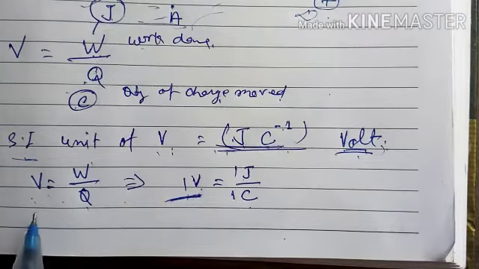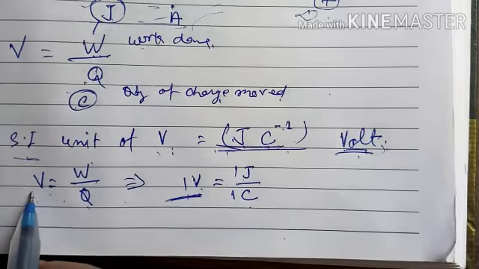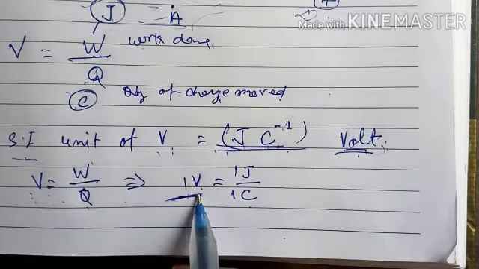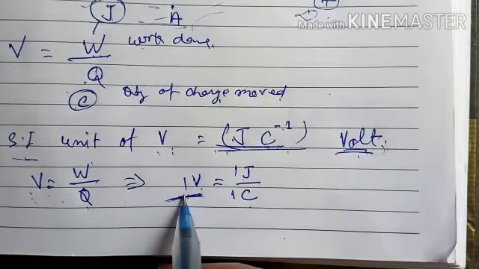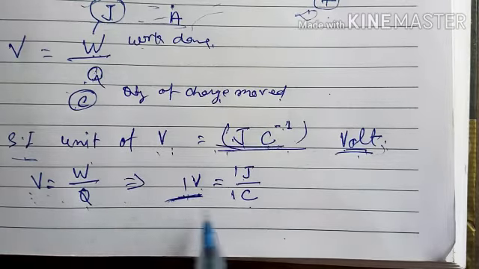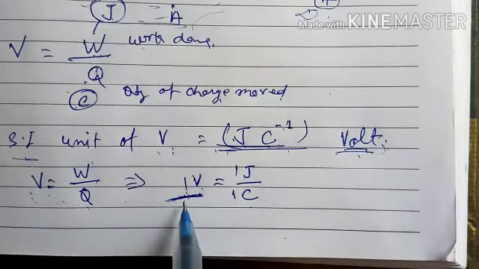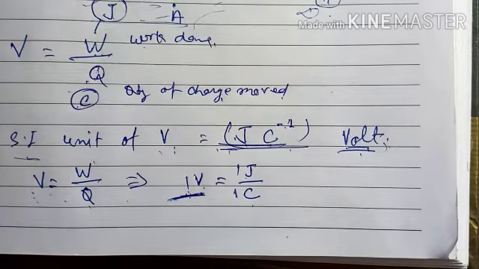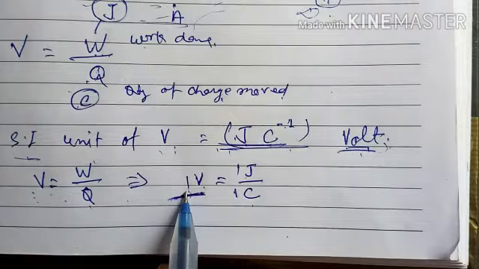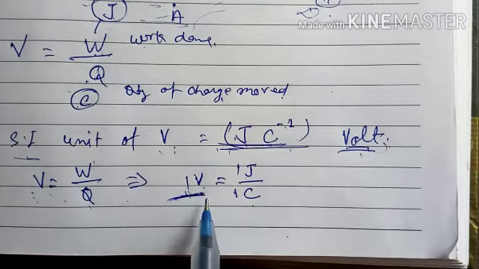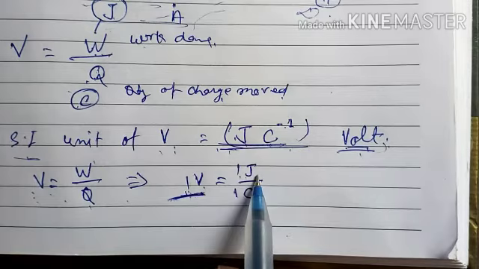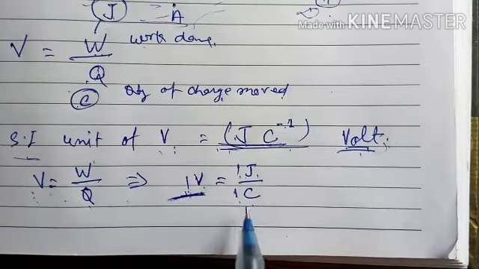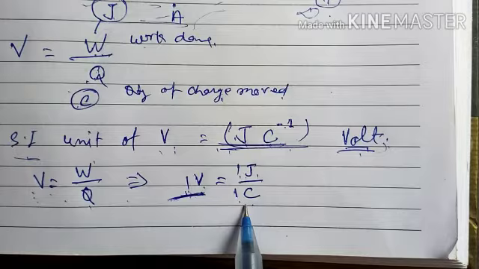And as we have discussed in the last class, we can define 1 volt by saying that a potential of 1 volt at a point means that when 1 joule of work is done in moving 1 coulomb of positive charge from infinity to that point.